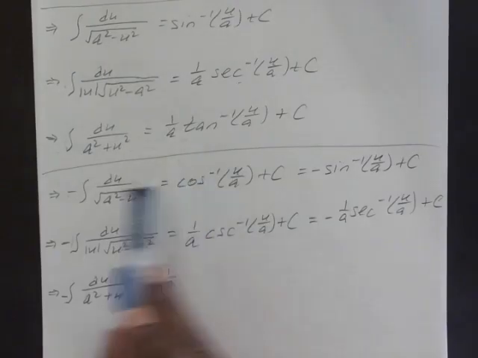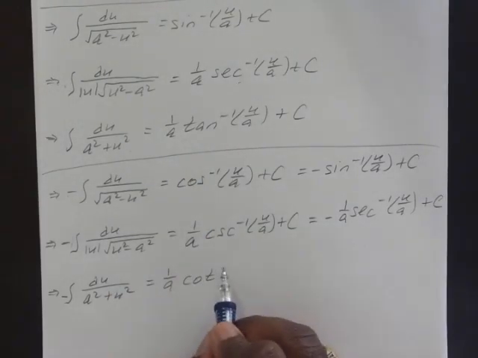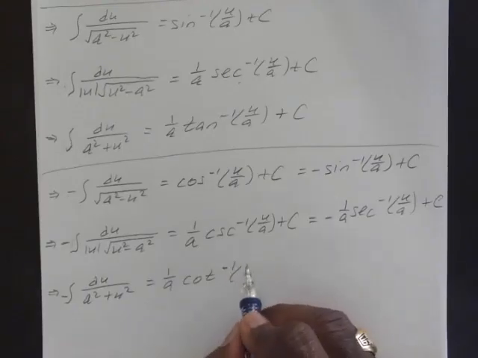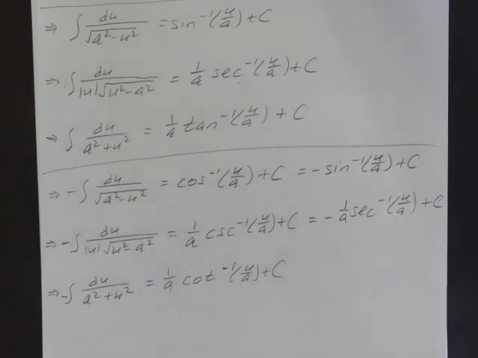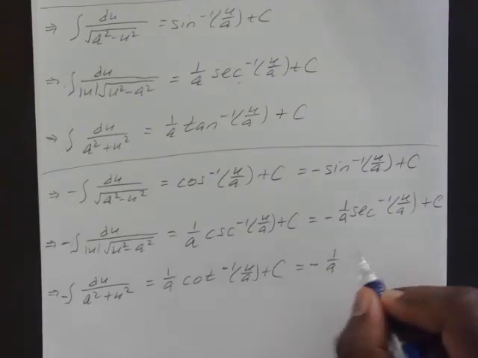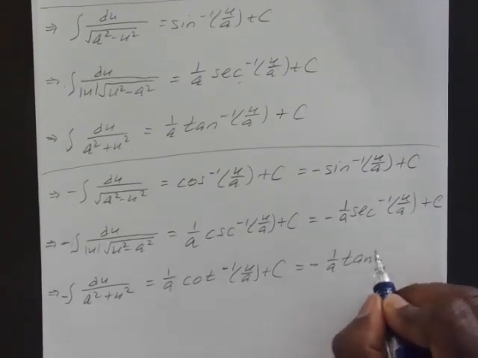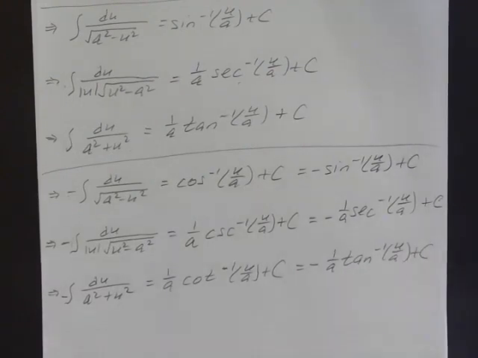And instead of tangent, the negative of that is cotangent inverse of u over a plus c. Or we can just write it as the negative of 1 over a times tangent inverse of u over a plus c.